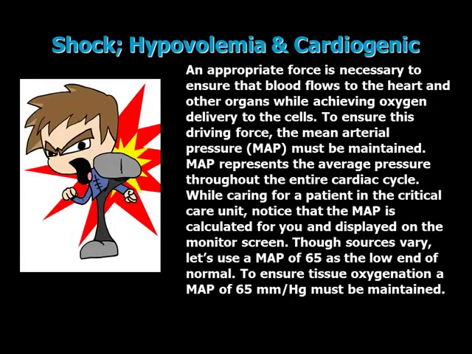How is it that that oxygen molecule will jump off that nice cradle of hemoglobin? What happens is there must be an appropriate pushing force. In other words, like this picture here, that oxygen molecule must be kicked off. It's a driving force, and that driving force is the mean arterial pressure.